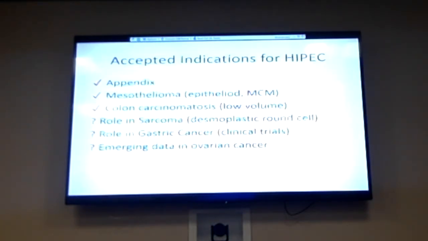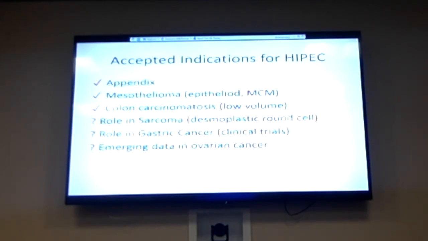So, what are the accepted indications for HIPEC? Definitely for appendix. Mesothelioma, certainly the more favorable subtypes. And then for colon carcinomatosis, I should have actually modified this. This really is for PCI 11 to 15 now. Role in sarcoma, I think you're going to see a lot of this in the literature.